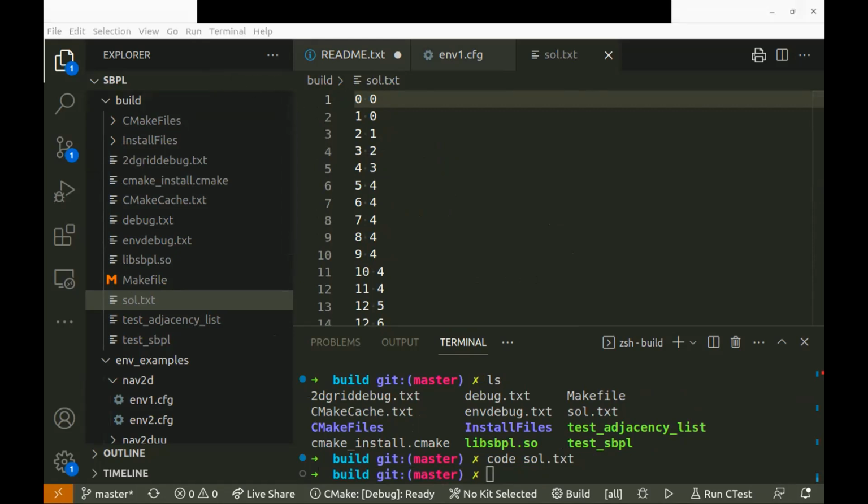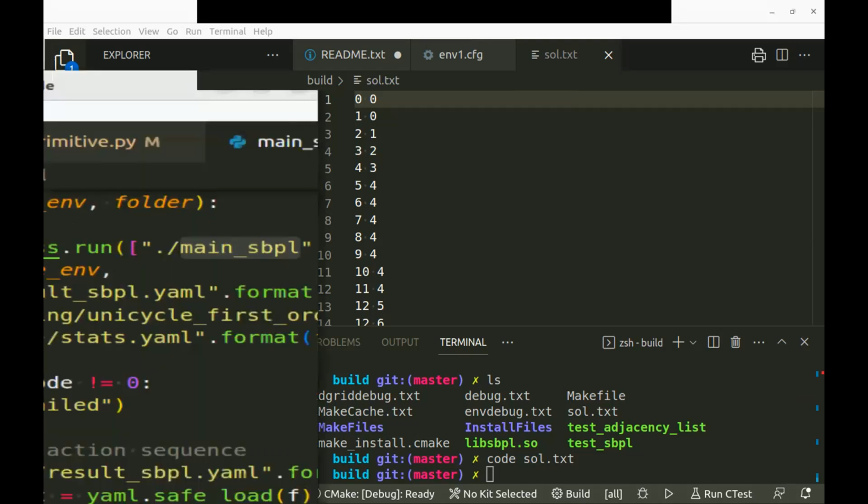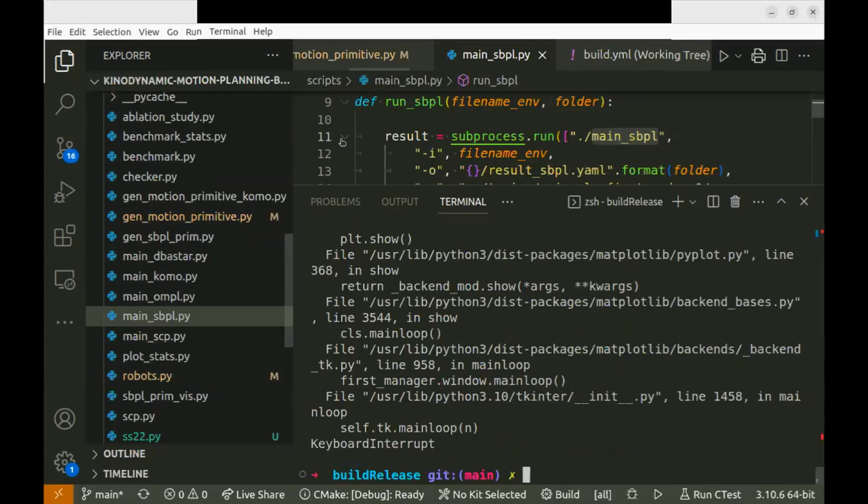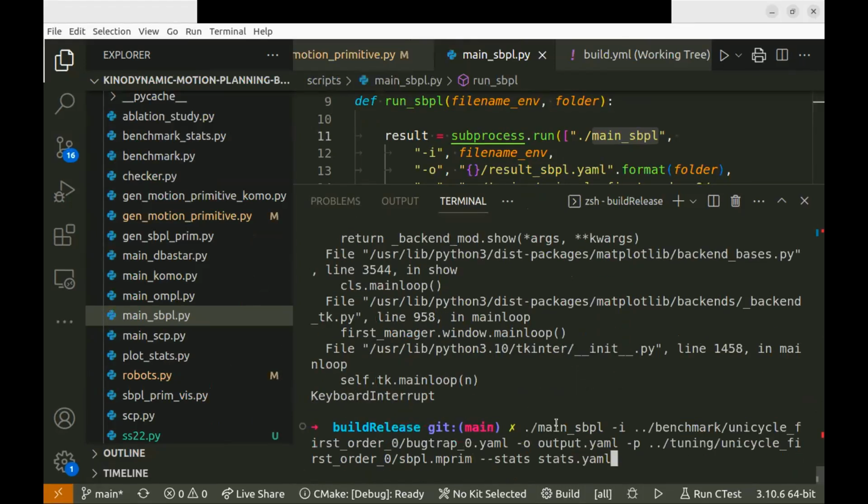And then the second example I wanted to provide is this one. That is an example that I have worked on, which really just uses SBPL, but has some more graphical utilities.